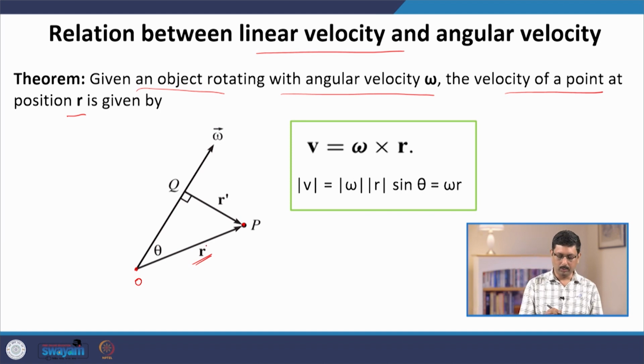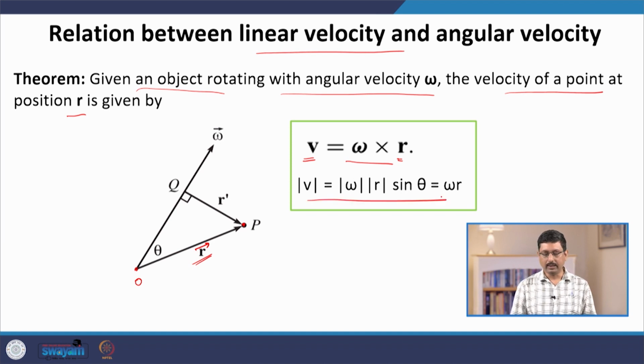This is boldface, meaning it is a vector quantity. Then its linear velocity v, which is the rate of change of displacement, is related to the position vector, the location, by this particular expression. Perhaps you are familiar with this expression in terms of magnitude, which is a 2-dimensional version where we only need to consider the magnitude, but in full 3D we need to describe it using the full vector notation.